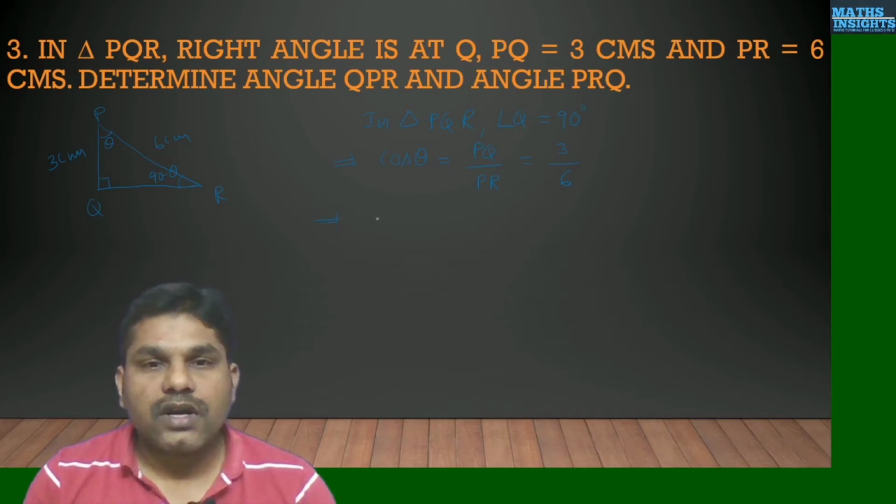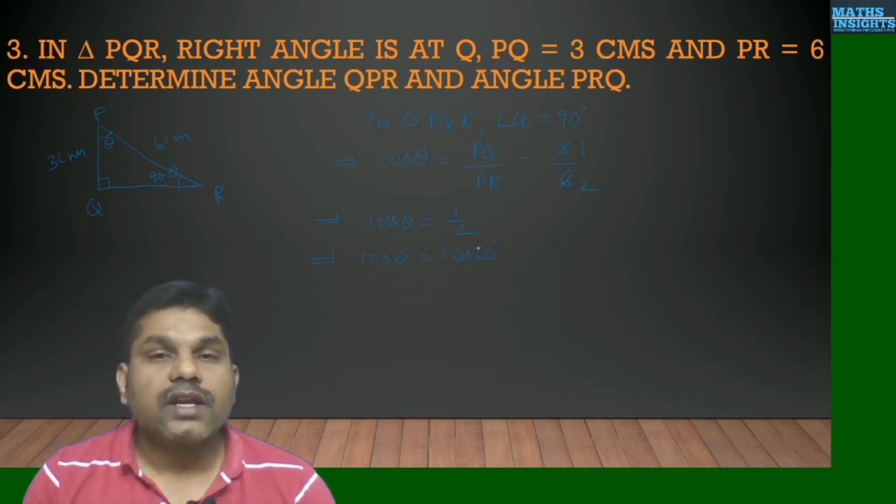Therefore, cos theta is equal to 3 by 6, that is 1 by 2. If you remember the trigonometric table, 1 by 2 comes for cos 60. Cos 60 is equal to 1 by 2. Therefore, if you cancel cos on both sides, theta will become 60 degrees.